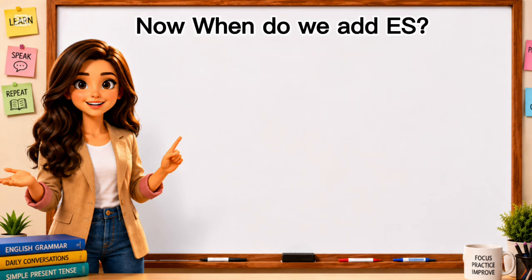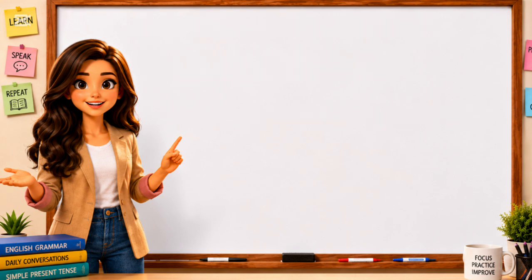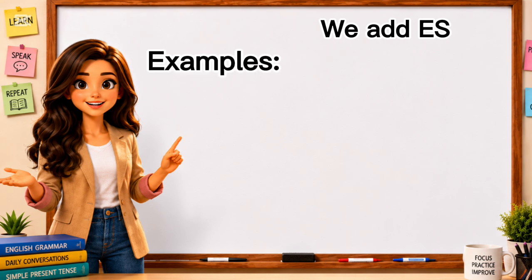Now, when do we add ES? If a verb ends with O, CH, SH, SS, X, or Z, we add ES. Examples: Go, goes.